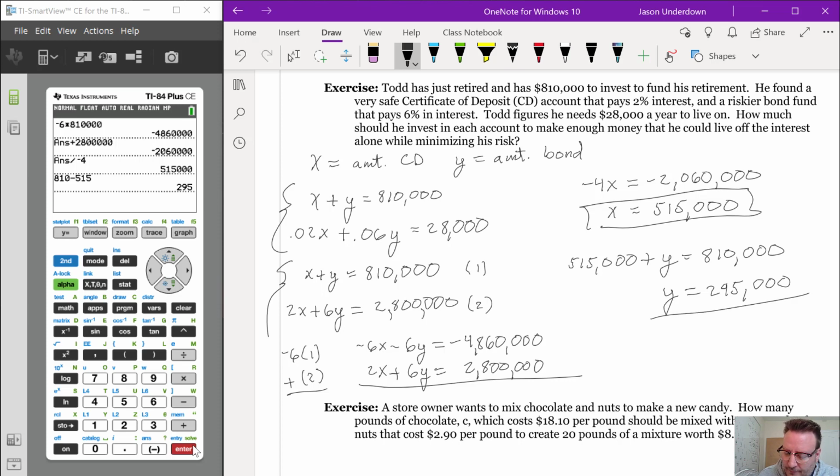All right, so Todd should invest $515,000 into the relatively safe CD and $295,000 into the riskier bond fund. Okay.